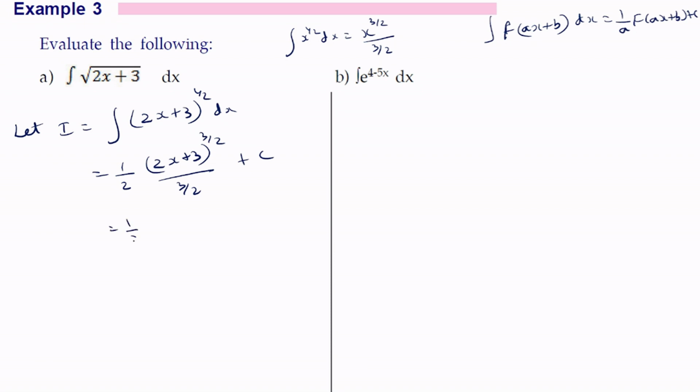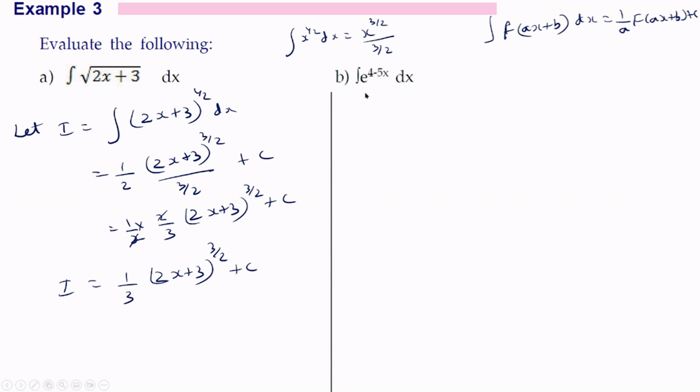So this is equal to half into 2 by 3 into (2x plus 3) the whole raised to 3 by 2 plus c. Therefore, the given integral reduces to 1 by 3 into (2x plus 3) the whole raised to 3 by 2 plus c. So this is the integral of this given function.